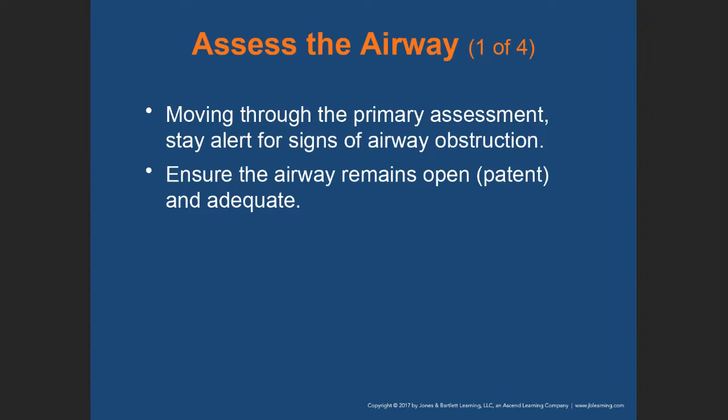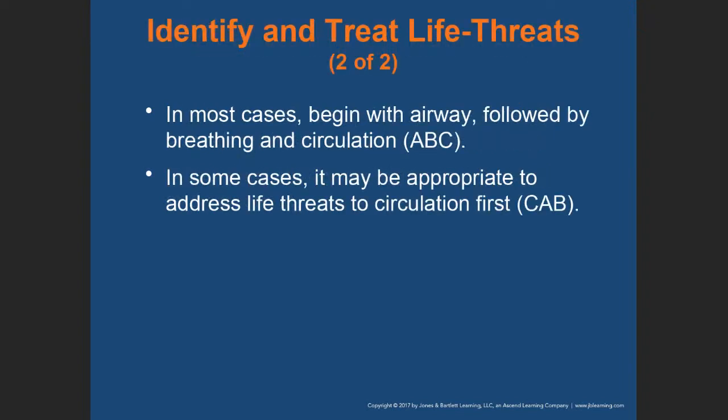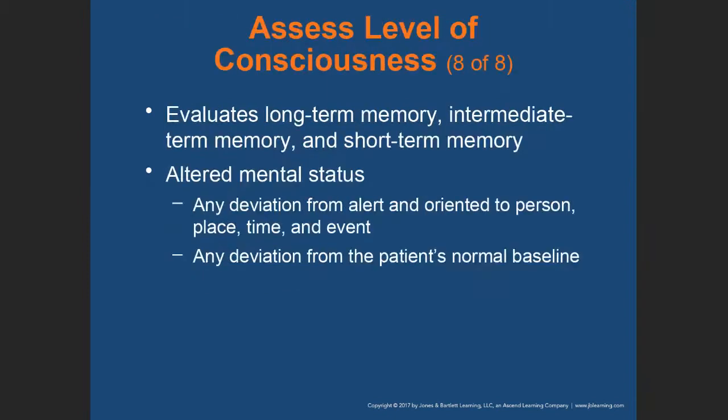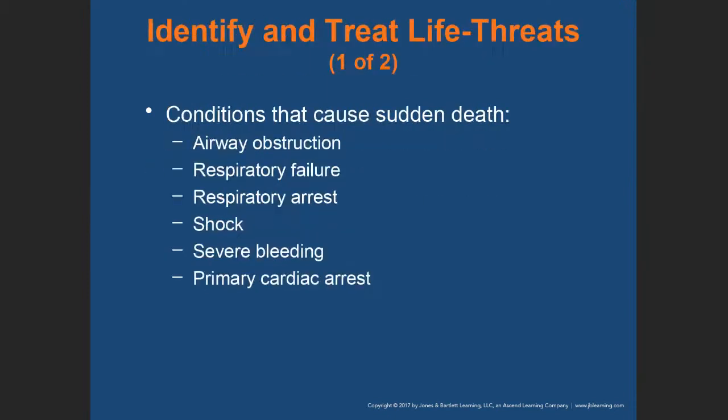All right, now, once you have completed your level of consciousness assessment, the first thing you evaluate in your primary assessment is a general impression of the patient and the environment. Then you will ascertain the patient's level of consciousness using your AVPU.